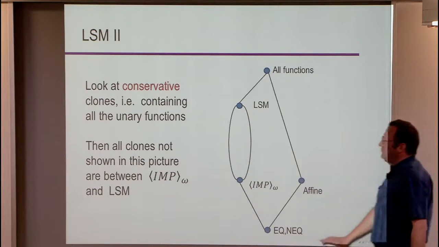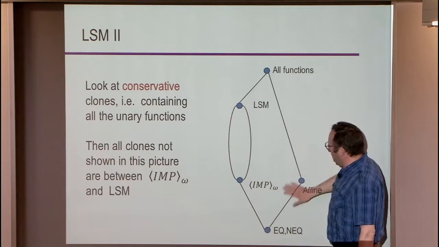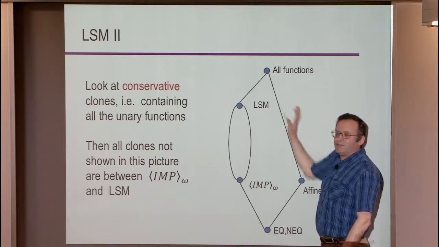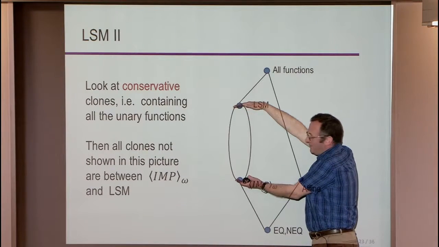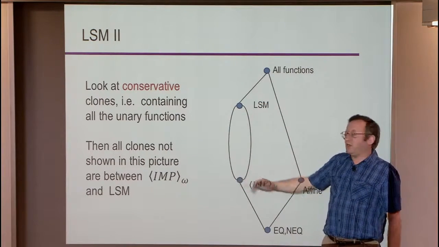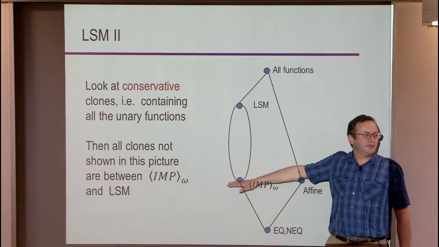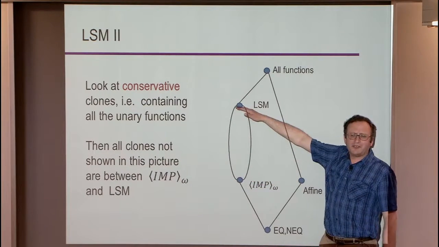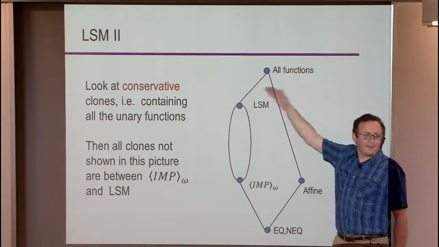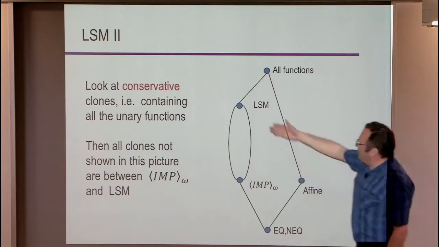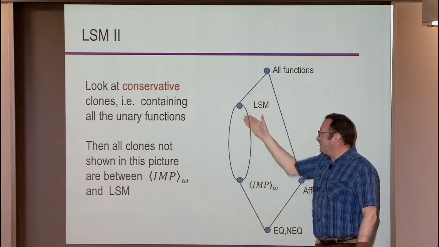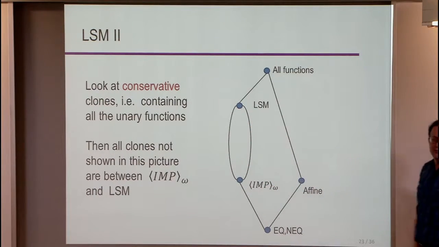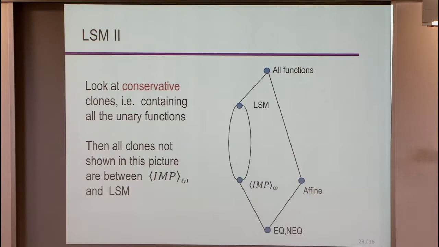If we have all unary functions, then we know everything. We can classify the complexity of everything except for this part. And even about this part, we know that this is BIS equivalent. What about this? I don't know. If there is anything and how much is in between imp and LSM, again, we don't know. I will return to that a little later.